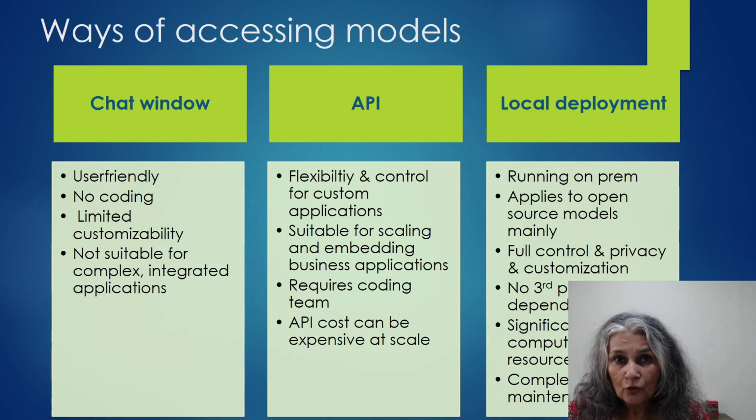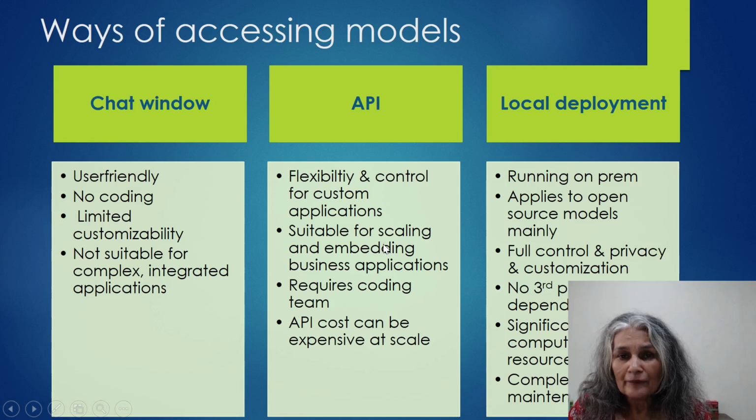There is limited scope for customizability, and it is really not suitable for complex applications that have to be integrated forward into other applications. So this is great for when you're sitting down and working at it at a personal level.